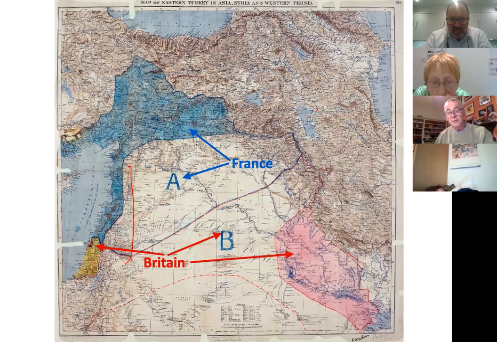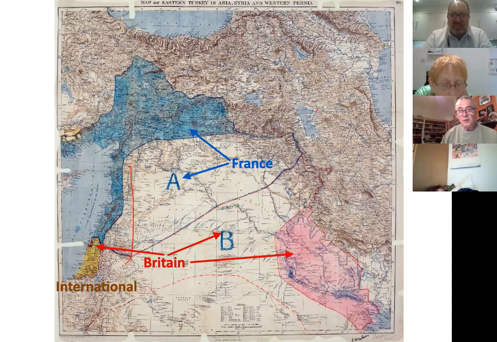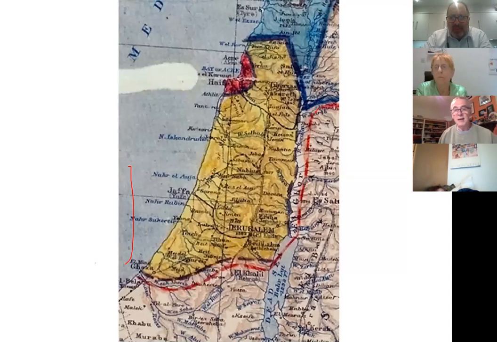And then this yellowish bit was the international zone. So in 1916, what we call Israel was going to be an international zone looked after by, well, it would have been the League of Nations at that time. And you can see here, I've just zoomed in on this bit, and you can see how most of this is the international zone.